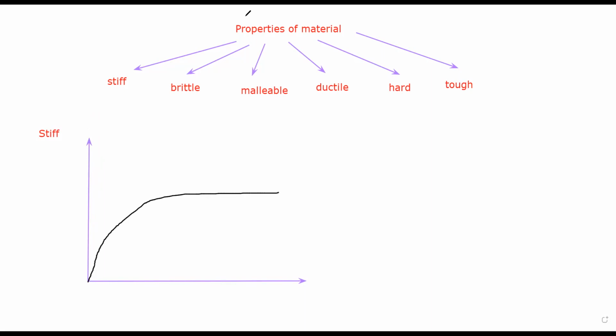One is like this, A, another one is B, the red one is B. Which material is stiff here? The definition of stiff means we require a greater amount of force to produce a small deformation, a small extension. A or B?